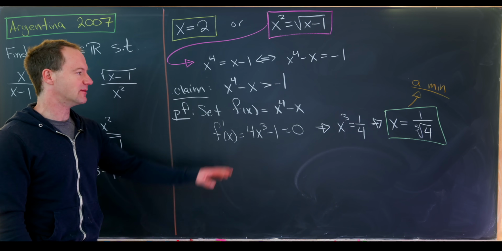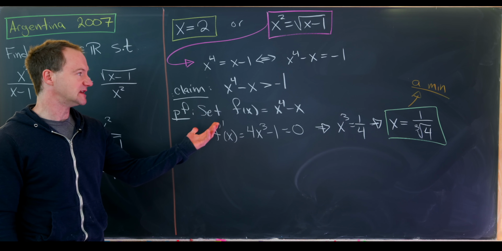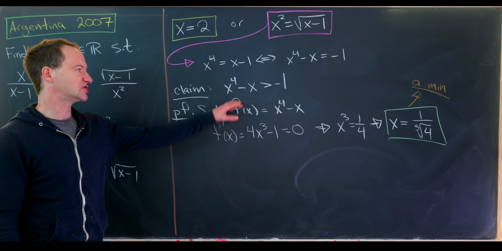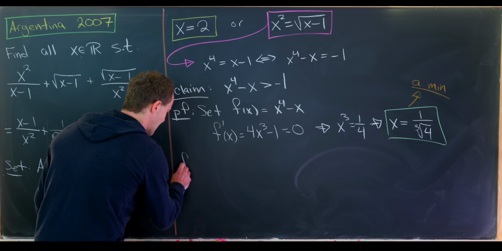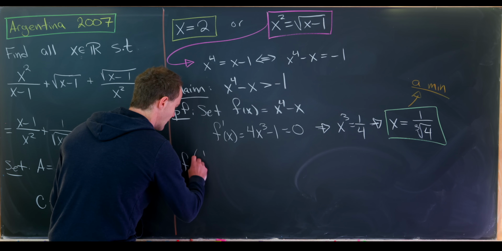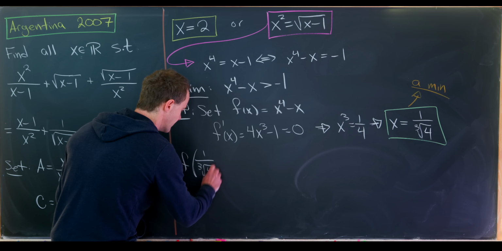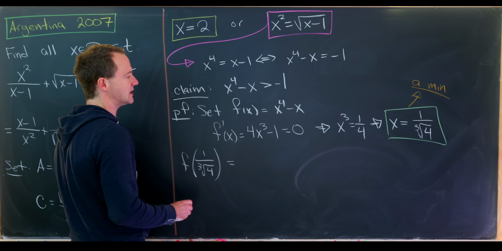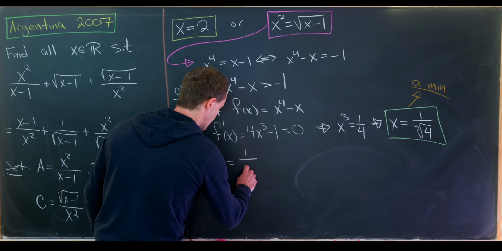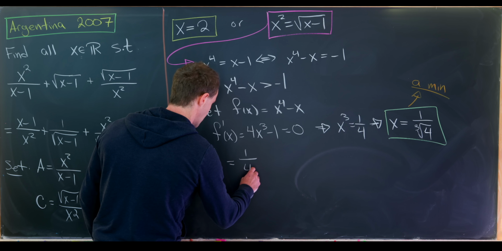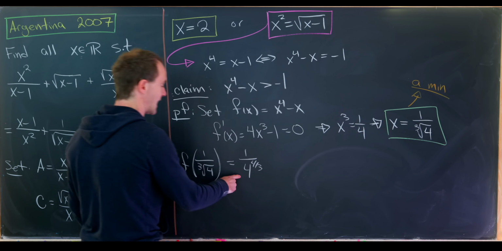So since that's a minimum, we just have to show that that indeed gives us a number which is bigger than -1. So let's look at this. So we have f evaluated at 1 over the cube root of 4. So that's going to be equal to, let's see, 1 over 4 to the 4/3 power.